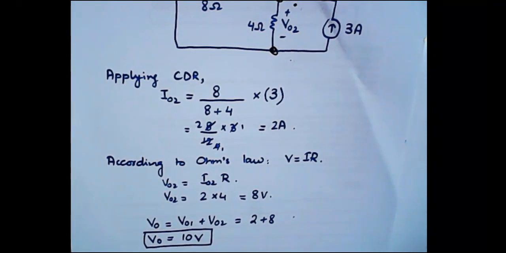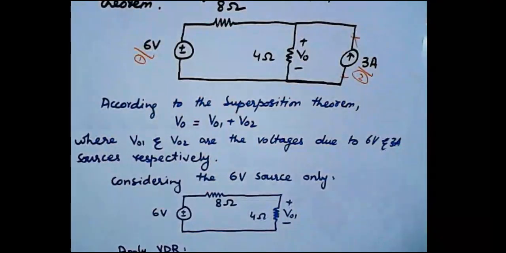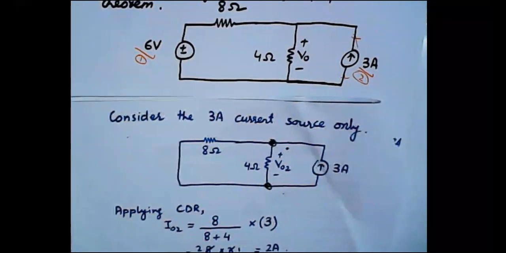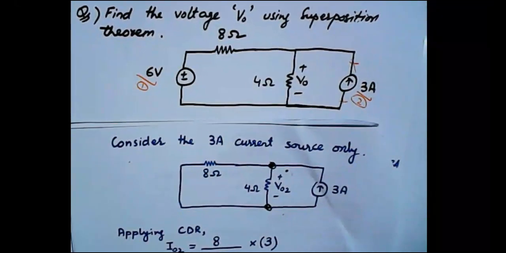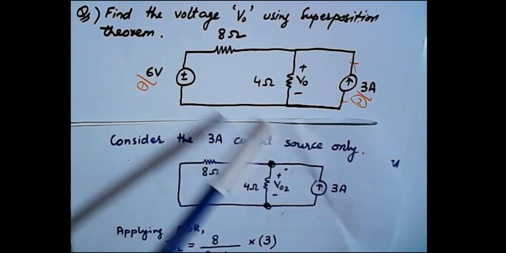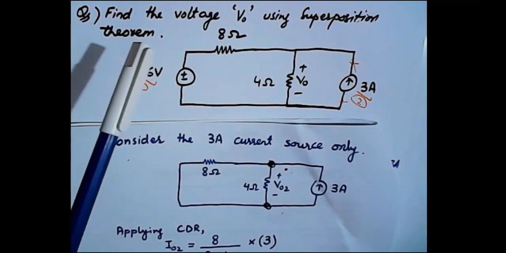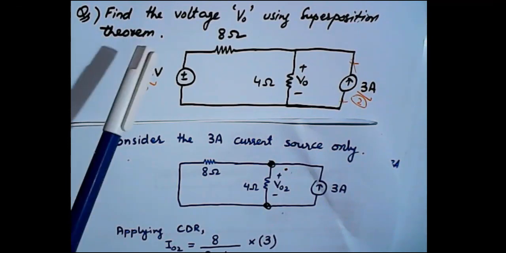I hope this question is now clear. Let me repeat it step by step. First of all, we were given a question where we were required to calculate the value of voltage V naught with the help of the superposition theorem. If the superposition theorem was not mentioned in this scenario, we could have applied different techniques.